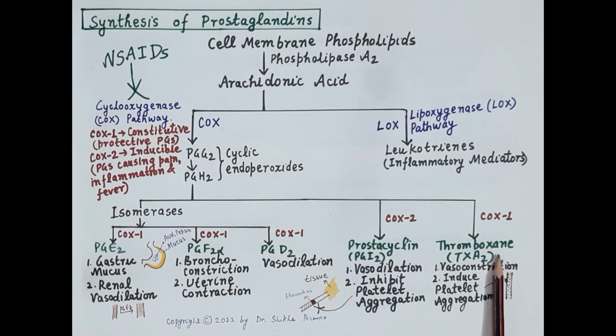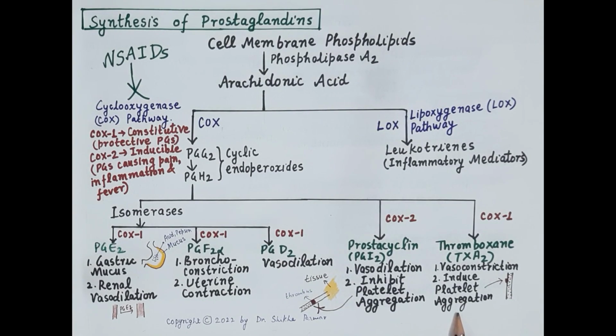Another prostaglandin is thromboxane A2. It is produced by the stimulation of COX-1, and thromboxane A2 is produced by the platelets. Thromboxane has actions opposite to the actions of prostacyclin. Thromboxane causes vasoconstriction and it induces platelet aggregation. That means the platelets stick to each other, they produce the platelet plug.